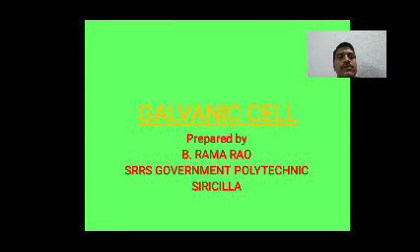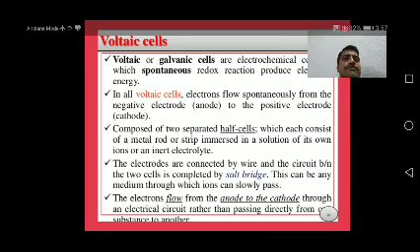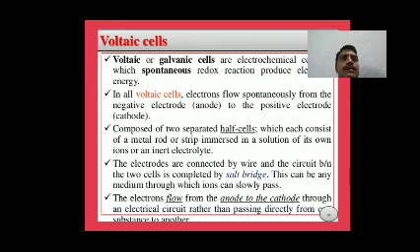In these electrolytes, by using electrodes, when electricity is passed through the substance, the ions move to the opposite electrode side. This process is called an electrolytic cell.